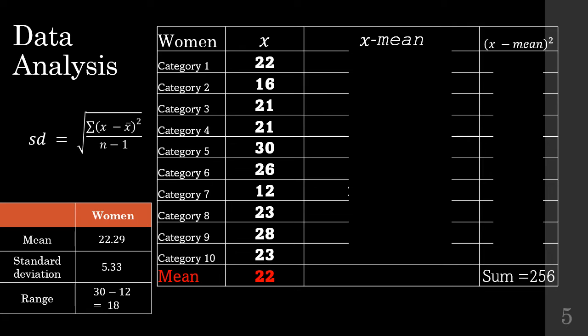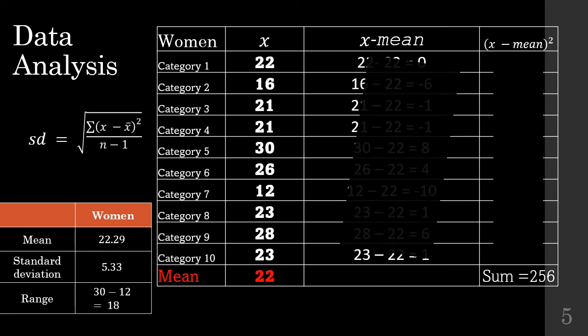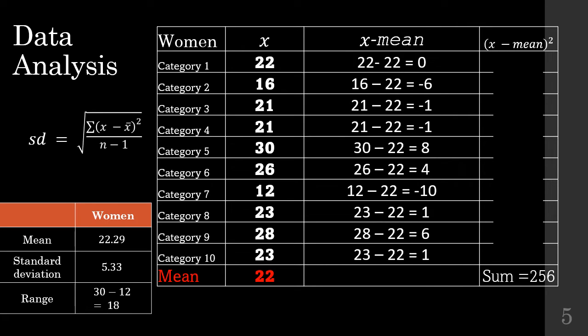So we recorded the data in a table, and we found the mean to be 22. We rounded the mean to the nearest whole number. So the mean was 22. Now we're going to subtract the mean from each of my data, and then we're going to square the result.